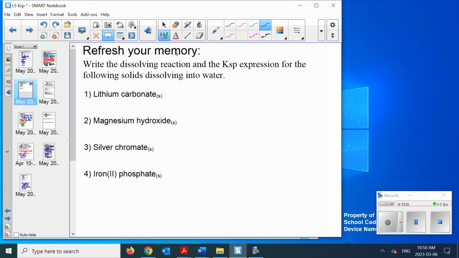So, what is the formula for silver and chromate put together? Use the ion chart, not the periodic table. Silver ion. We've seen it before, so you might know it off the top of your head. What is the silver ion?